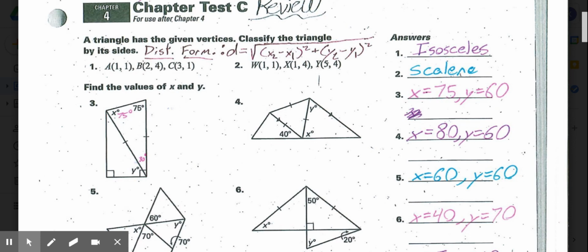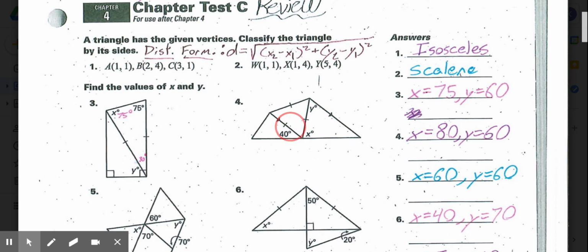Then I can use that information to first figure out what X is going to be. Because X plus the 60 plus the 40 makes a straight line. Straight lines measure 180 degrees. So 180 minus the 60 and the 40 here leaves me with X being 80 degrees.